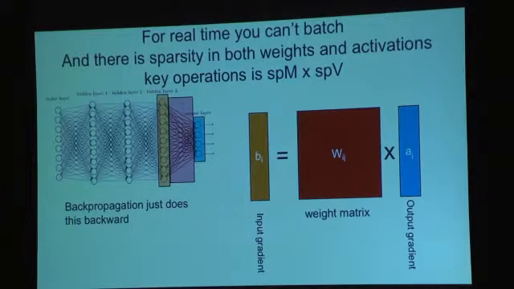Moreover, if I'm really trying to optimize my system, and I'll talk a little bit more about this later, I will exploit sparsity. There's sparsity in both the activations and in the weights. The sparsity in the activations comes, and I'm showing it in the reverse direction picture here, but in the forward direction, after I've done my matrix vector product, I apply a nonlinear operator, very often a rectified linear unit.